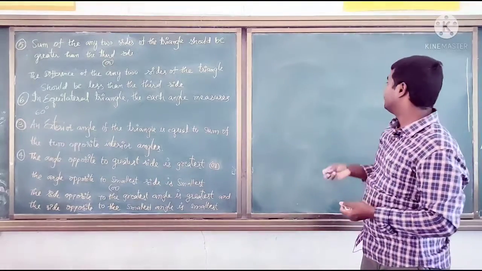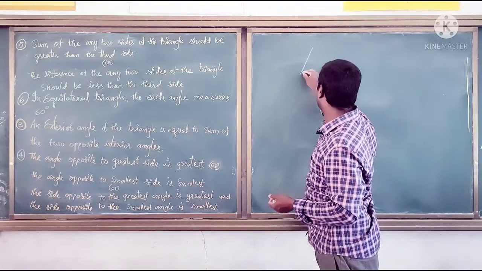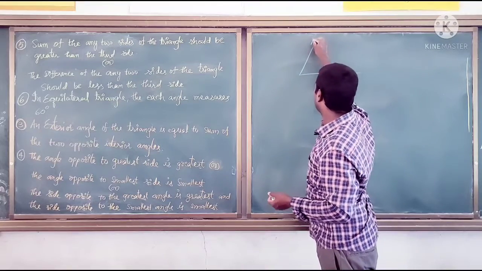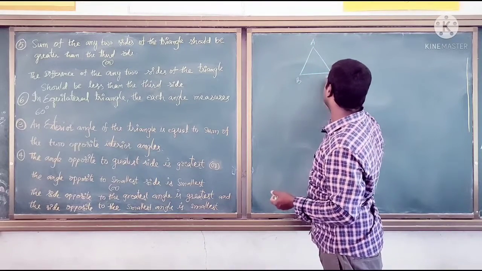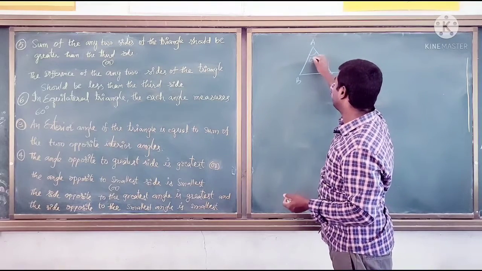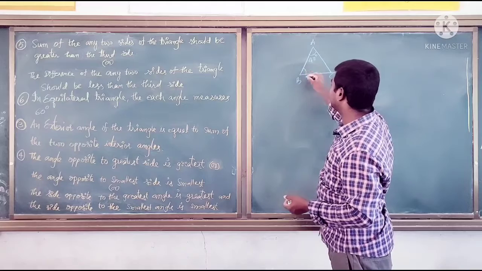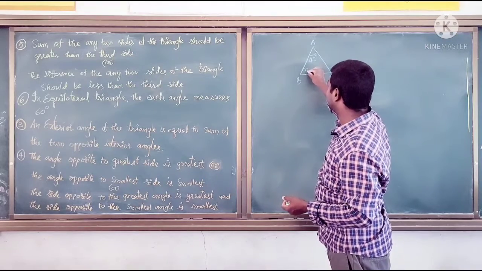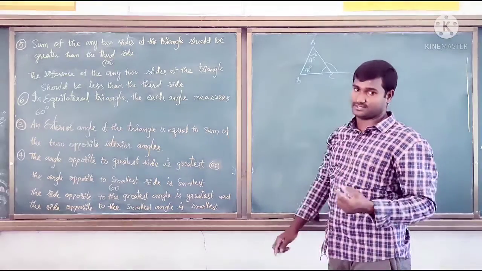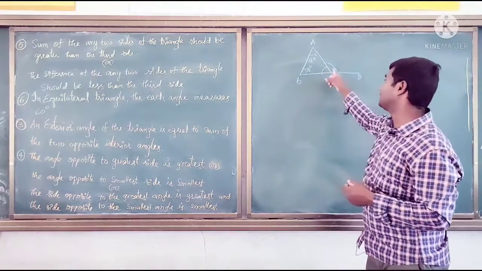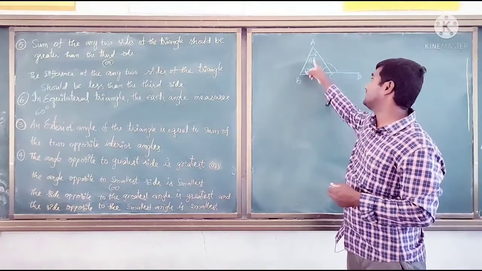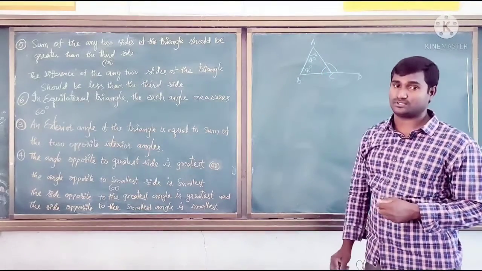Suppose in a triangle ABC, this you can consider D. If this angle is 40 degrees and this angle is 70 degrees, then they may ask to find angle C and angle ACD. So how are we going to find angle ACD? What are the two opposite interior angles? Angle A and angle B are the two opposite interior angles.